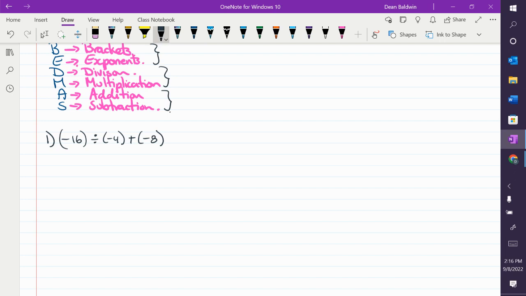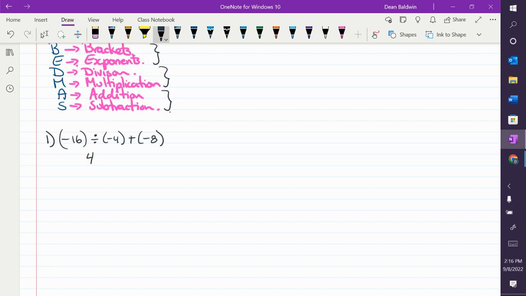Yep. You do the division because we have no brackets or exponents. So what's negative 16 divided by negative 4? 4, right? A negative divided by a negative is a positive. 16 divided by 4 is 4. So now I'm left with 4.